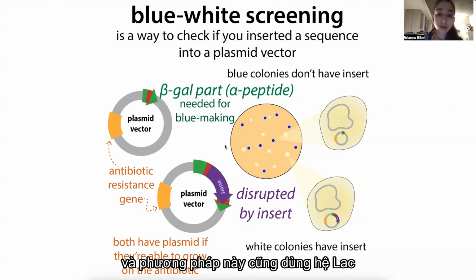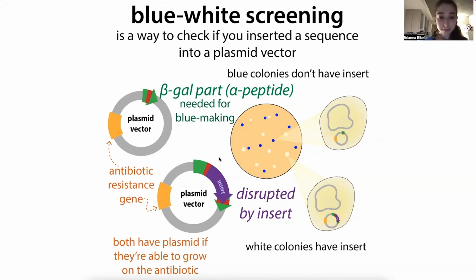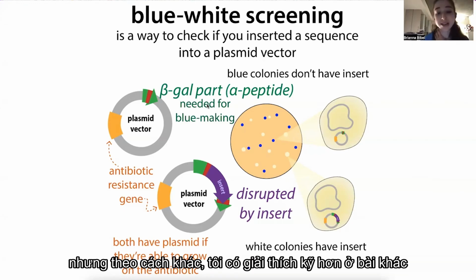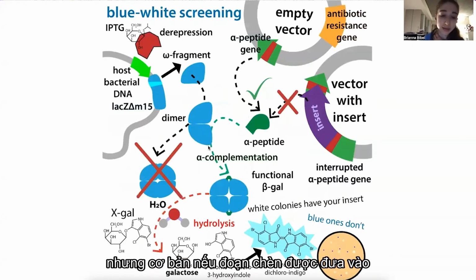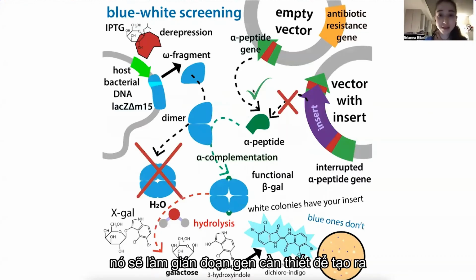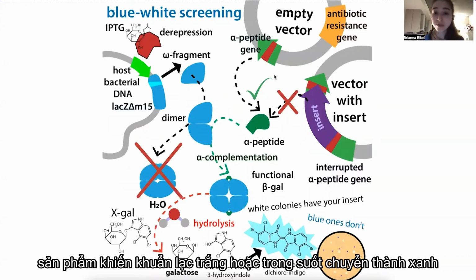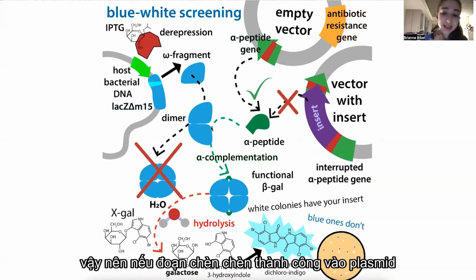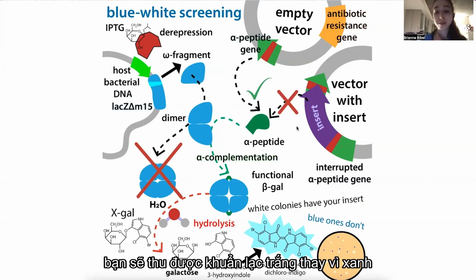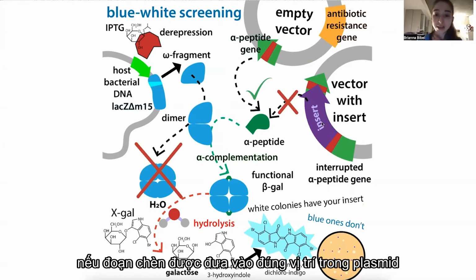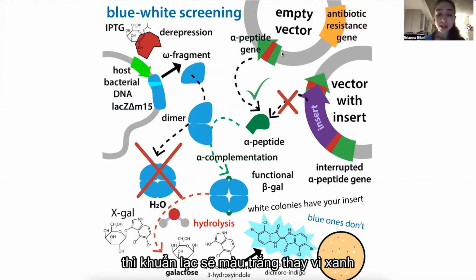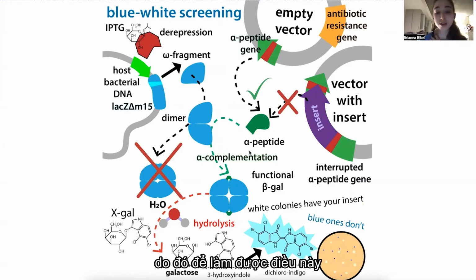This is also going to use lac things, but in a different way. I have more on this in another post. But if your insert gets in, it's going to disrupt the gene that's needed to make the product that turns a clear or white substrate blue. So if you successfully get your insert into that gene in that plasmid, you're going to have white colonies instead of blue colonies.